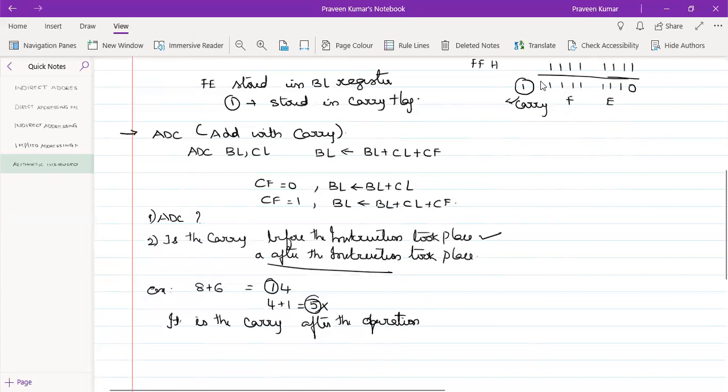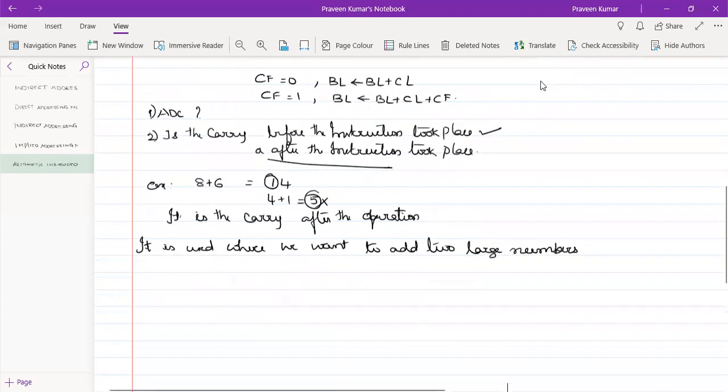That is, it is used where we want to add two large numbers. What do the two large numbers mean?